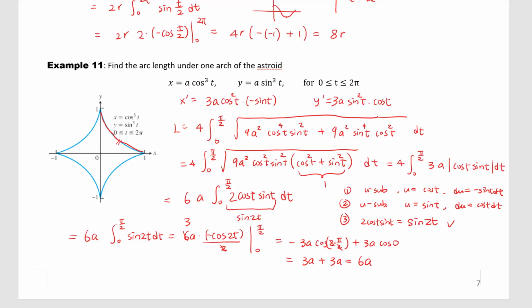So far so good. So here you can try the u substitution. So we have 3 ways to solve this integral. Okay, but when you see square roots, there are so many functions with square roots we're not able to solve.